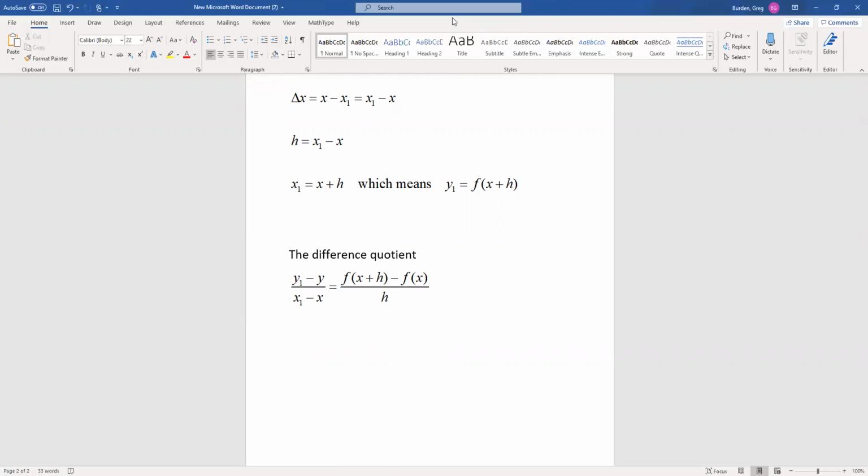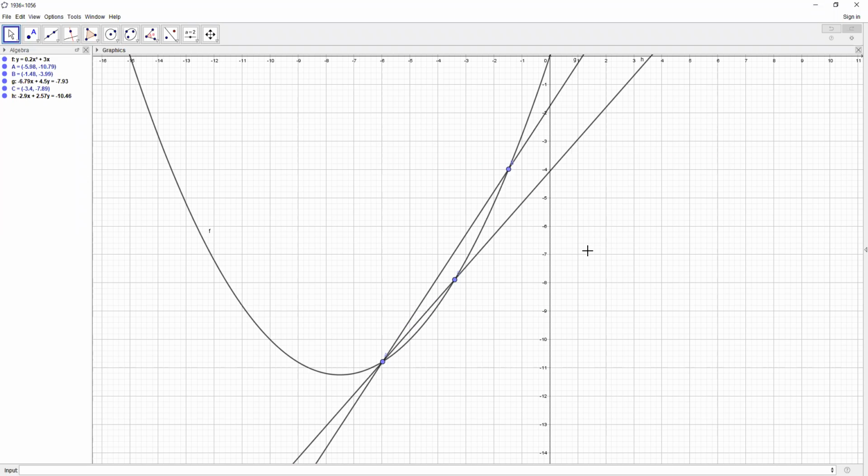So we'll change to a different window here and look at a specific function. I've got a parabola here. The parabola is the graph of y equals 0.2x squared plus 3x.